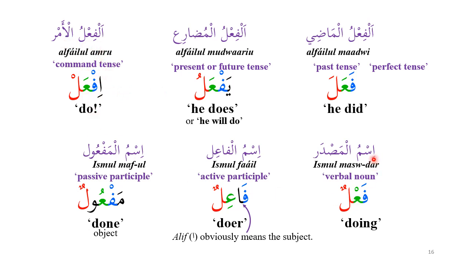And then the ismul masdar, or the verbal noun, fa'lun, the doing; ismul fa'il, the active participle, which is fa'ilun, the doer; and ismul maf'ul, the passive participle, or that on which the action is done, in this case maf'ulun, the done, the object.